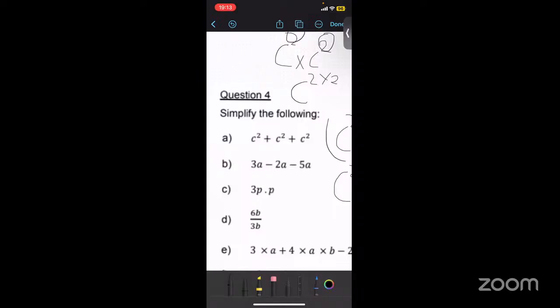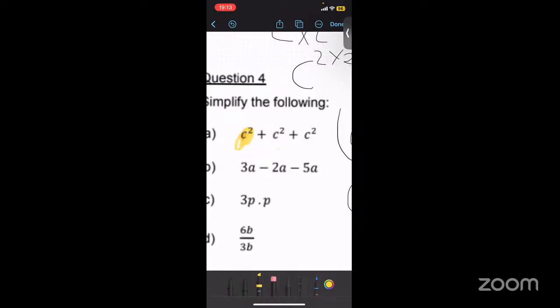So that means we're going to add the number before the whole thing, which is the c squared. This c squared represents a whole thing, so you can take it as one. Let's say you had grapes.